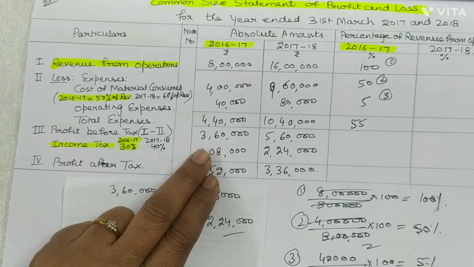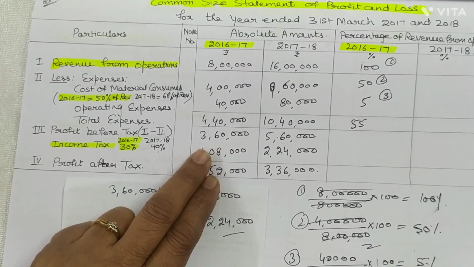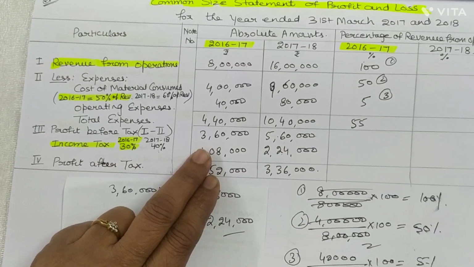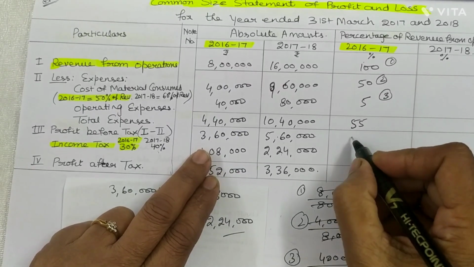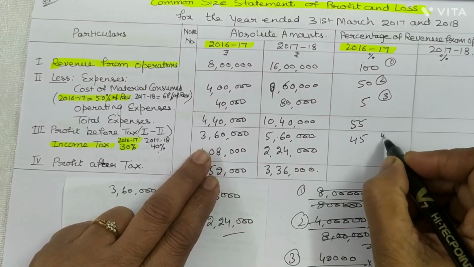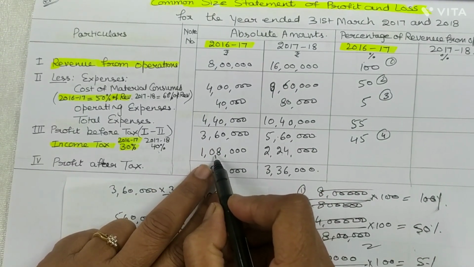Then profit before tax is 3 lakh 60,000. Then you have to find out like this: 3 lakh 60,000 divided by 8 lakh into 100 is equal to 45%. Okay. Next is income tax.